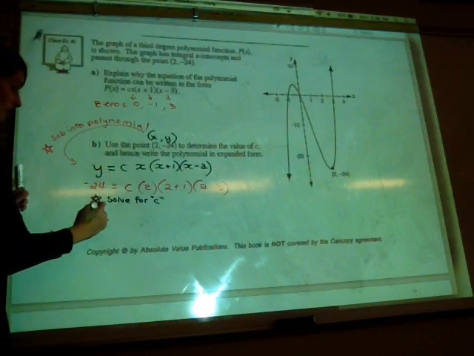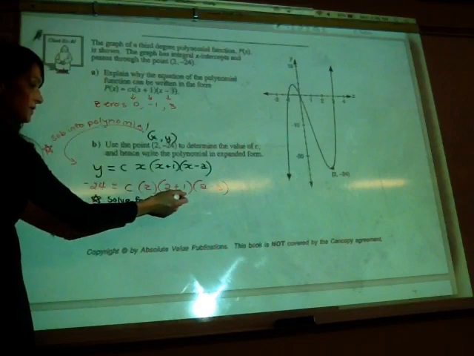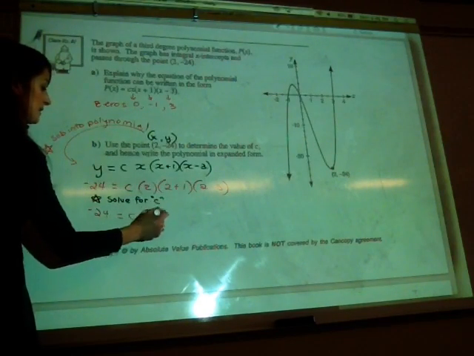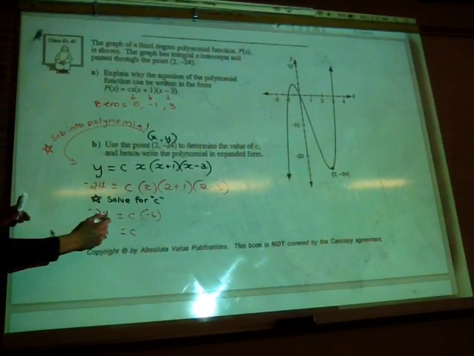So we get negative 24 equals c times 2 times 3 is 6. 6 times negative 1 is negative 6. Divide by negative 6, and we get positive 4.